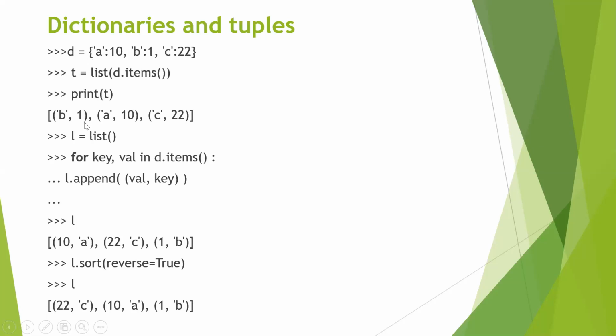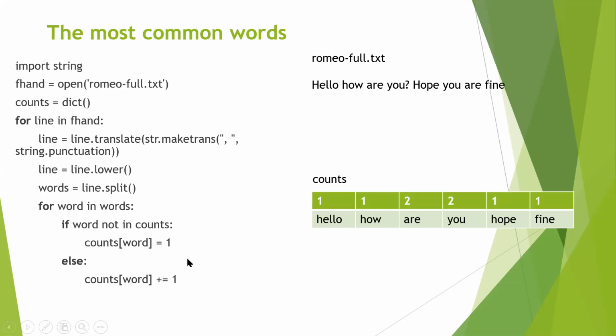If you want to sort it, I have to use a list. Add the elements of this dictionary to a list. While adding it, make sure you keep first the parameter based on which you want to sort the list. And then I sort it by using list.sort. Either you can sort it in ascending order or descending order.